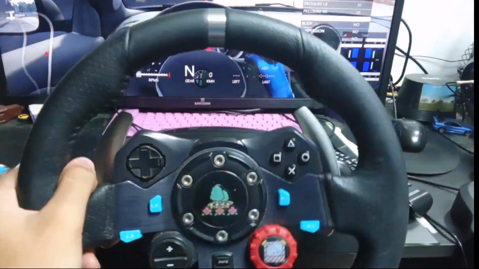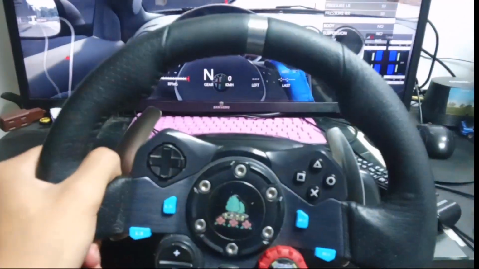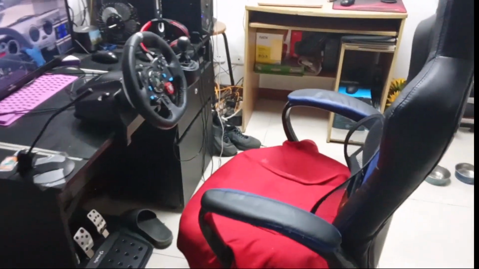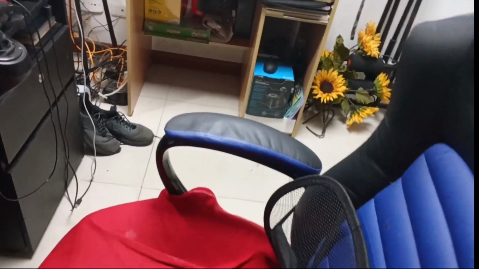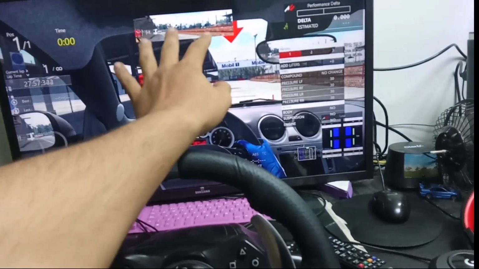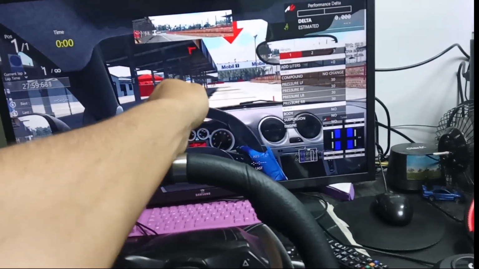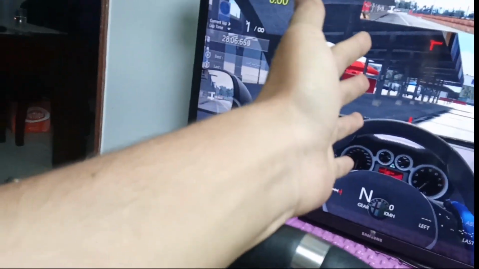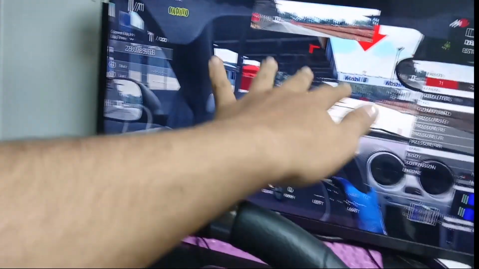Now, this is another really important thing. If you are going to drive, you always have to have the right position. I mean, you have to make sure that if you extend your arm, it is in this place, this zone of my hand, behind my hand. I don't know what it's called in English, I'm so sorry.